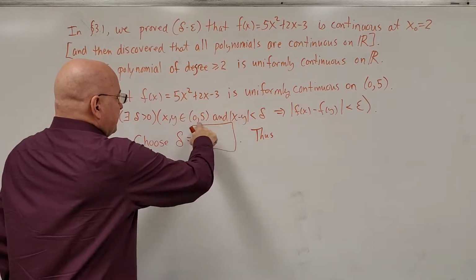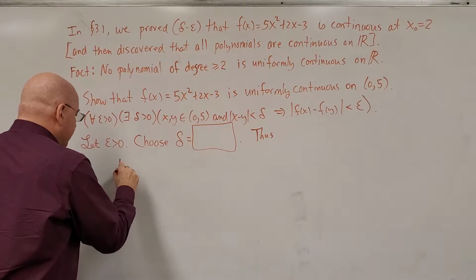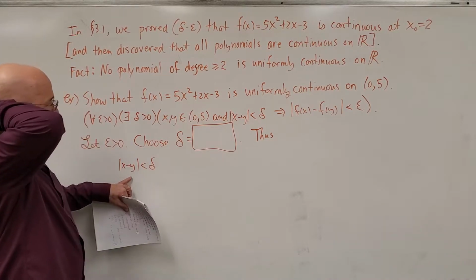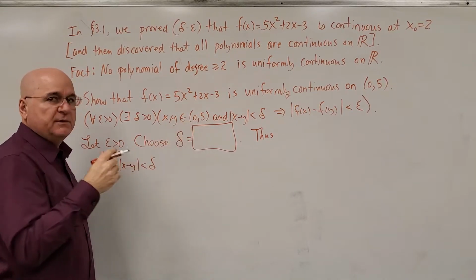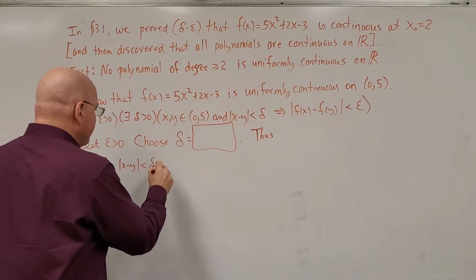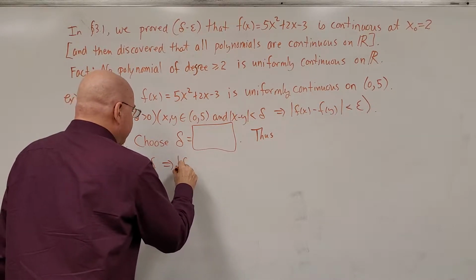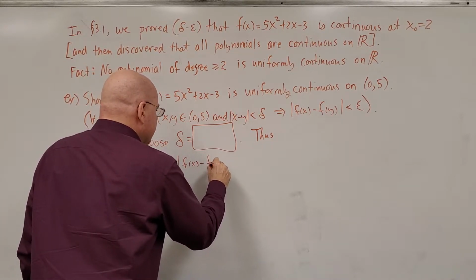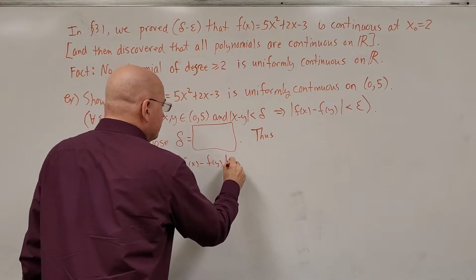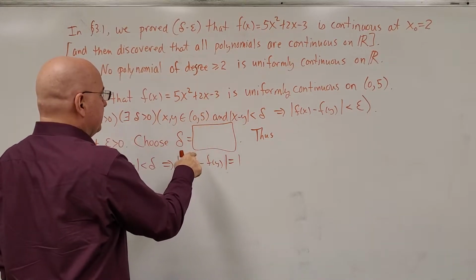Thus, if x minus y is less than delta, and I'm assuming that x and y are in the domain, so we're dealing only with numbers strictly in between 0 and 5, that implies that the absolute value of f of x minus f of y, which we know what that is, we can just plug it in.